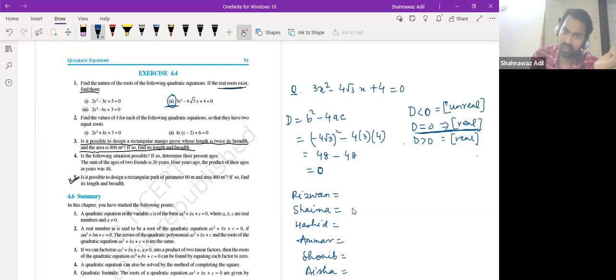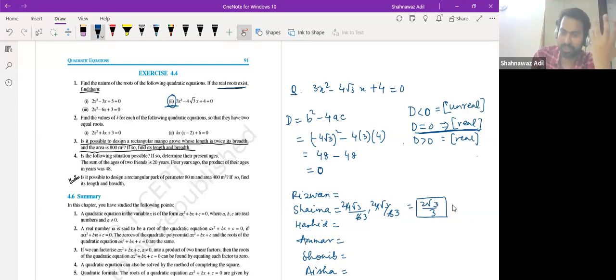Okay. So Shaima got 4 root 3 by 6. So this is 2 root 3 by 3, right? Sir, I got 2 root 3 divided by 3. So I got 2 by root 3, sir.